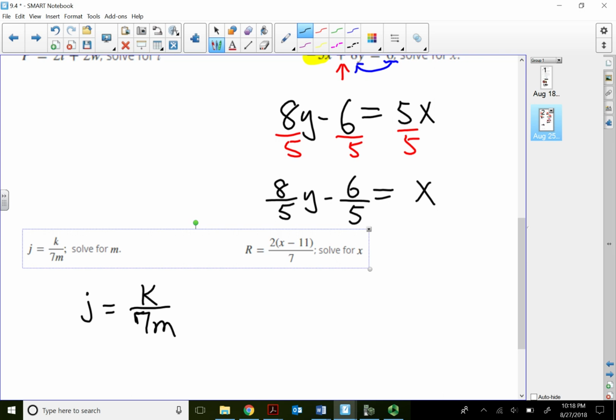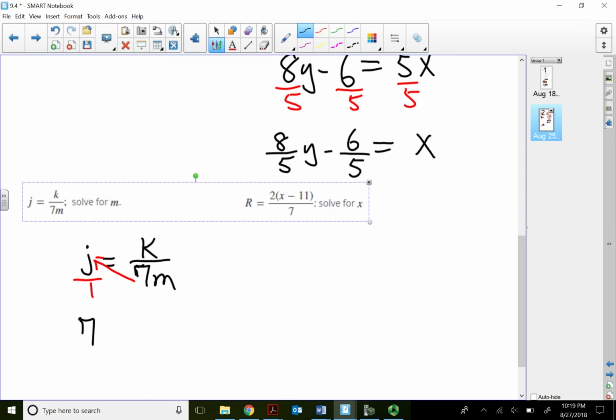Okay, technically I'm solving for M, so K over 7M is my variable term. But right now my variable is trapped in the denominator. So a good way to bring it to the numerator, in this two-term problem, I can use a cross product. Because if I take 7m times j, that will give me 7mj. Set it equal to, multiply diagonally, 1 times k is k.